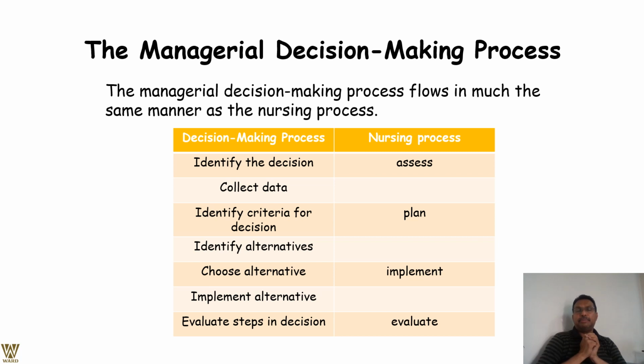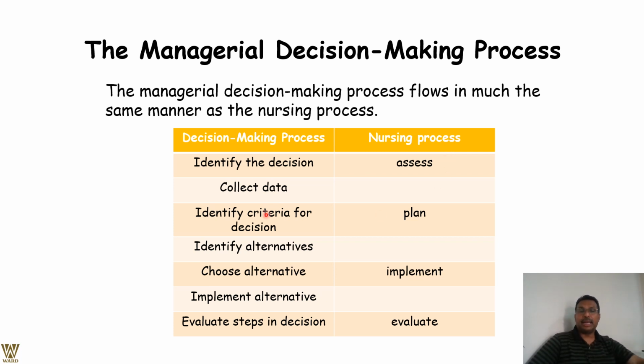The managerial decision-making process flows in much the same manner as the nursing process. The decision-making process is all about identifying the decisions. The process is all about assessing, and this can be a management process that goes around here.